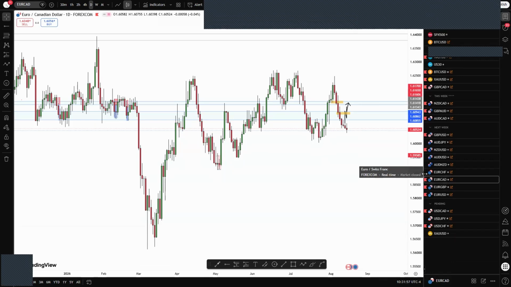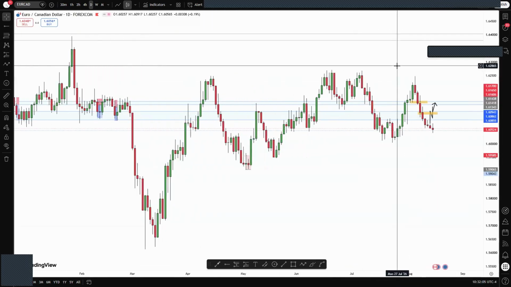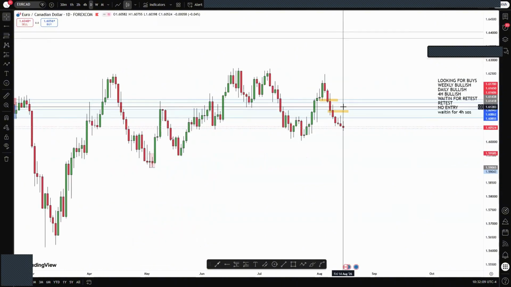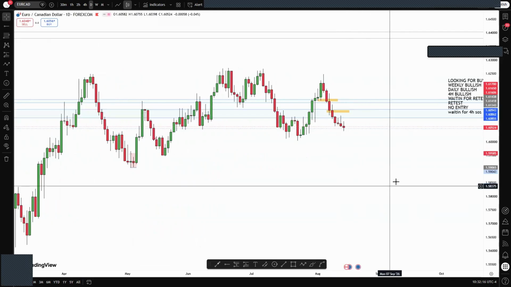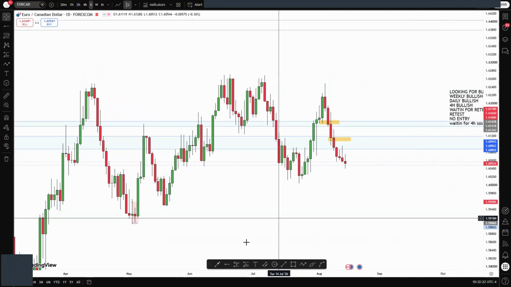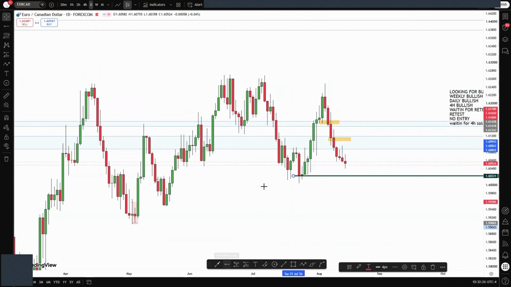So for this chart, you can see that price already is in an uptrend, right? That's the thing, it's already in an uptrend. This is a higher low. This is a high.